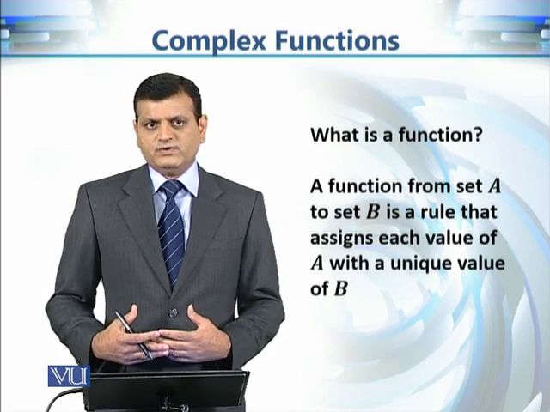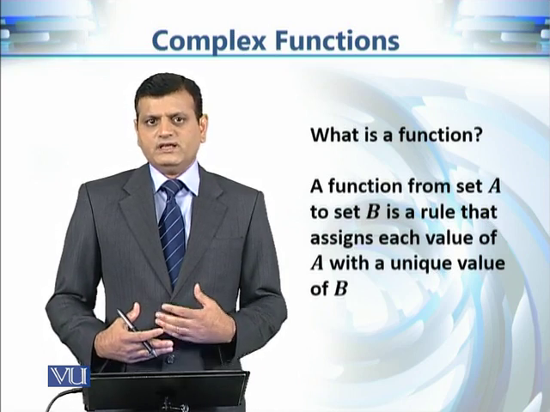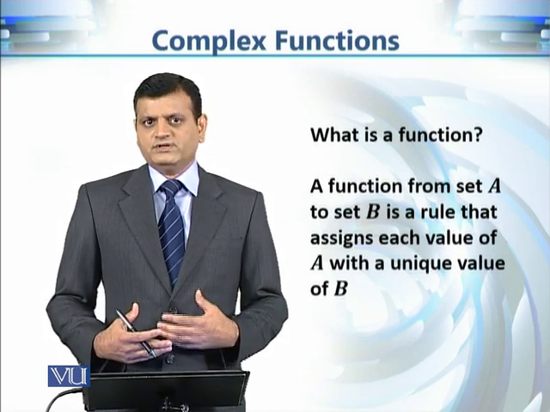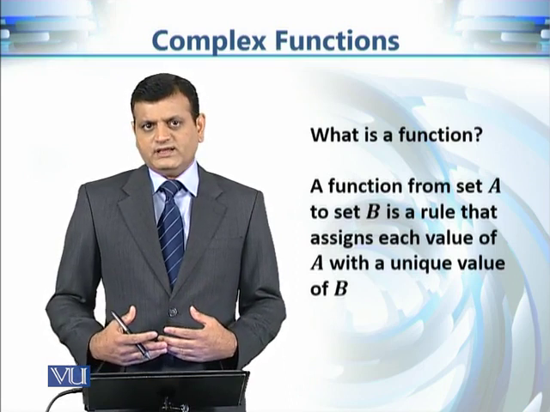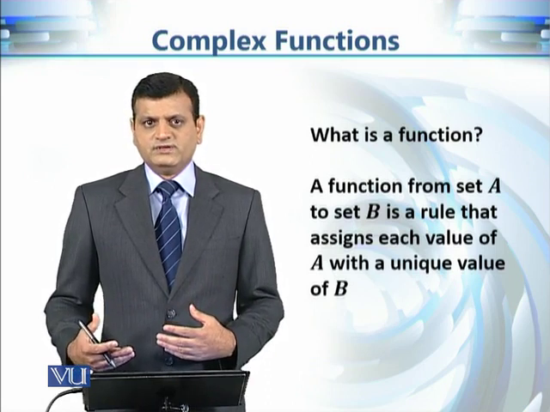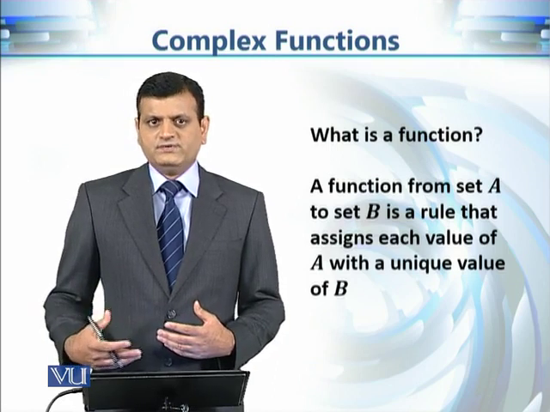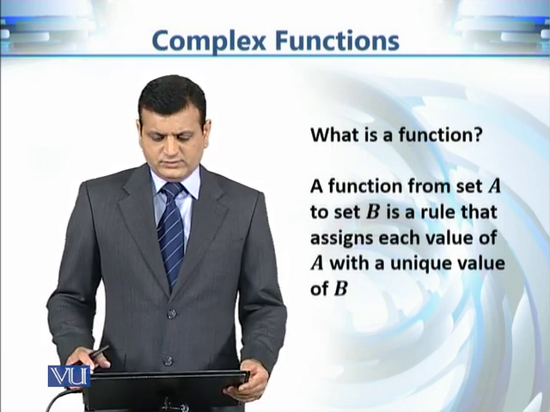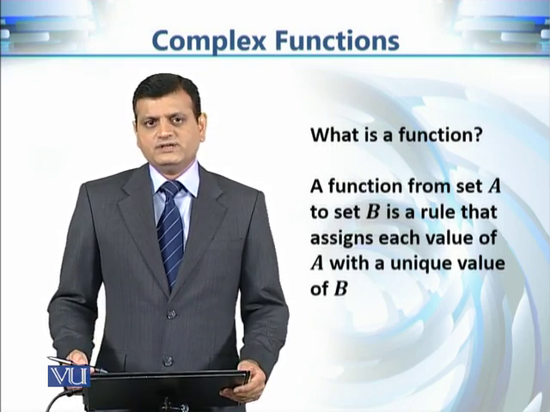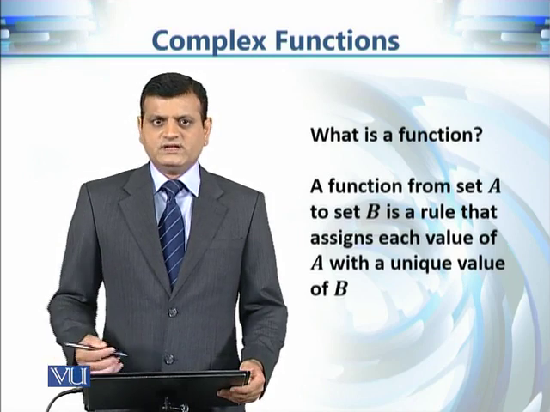One condition is that we should get an output for each and every input from the set A. In other words, each element of A is associated to a unique value of B. The second condition is that the output should be unique, and if it is not unique, then the function is not a useful function. So a function from a set A to set B is a rule that associates a unique value in B for each and every value in A.